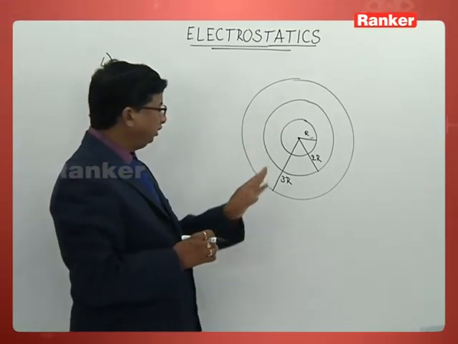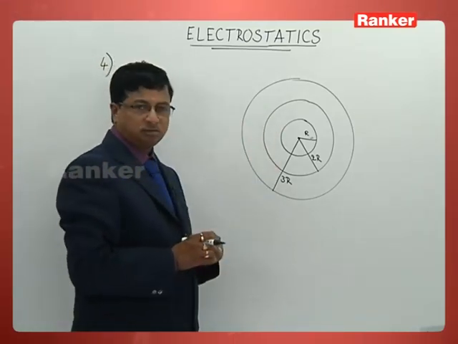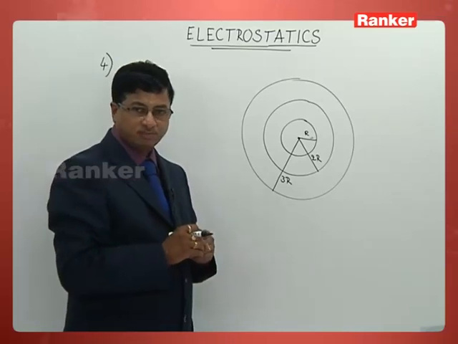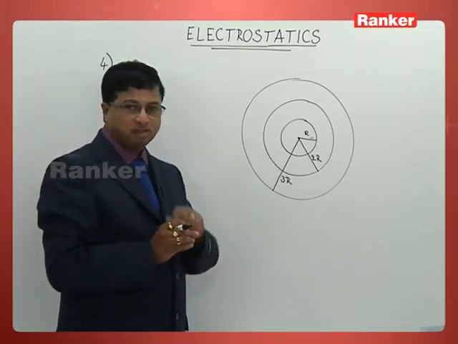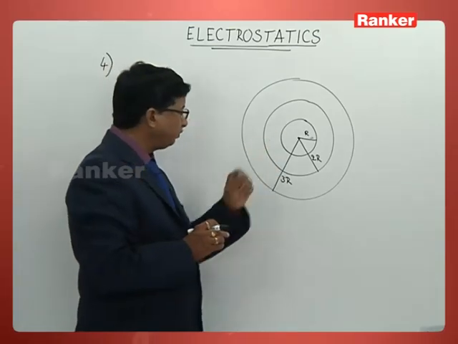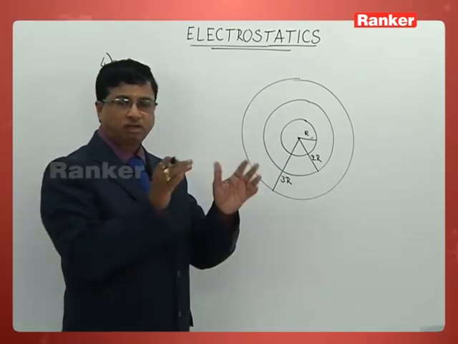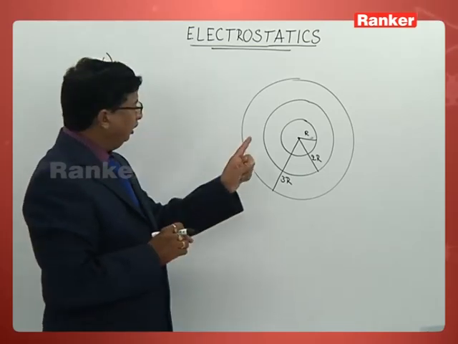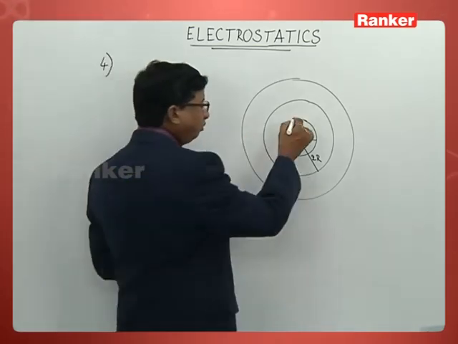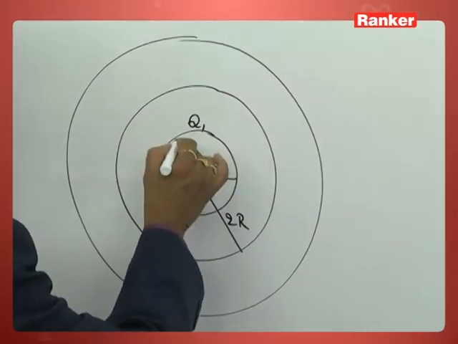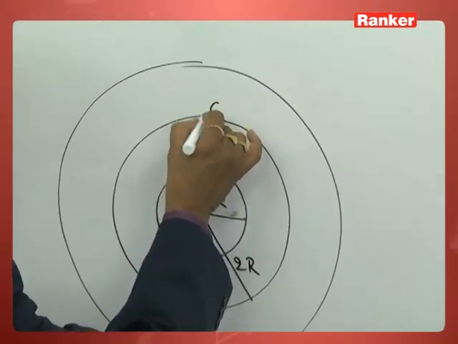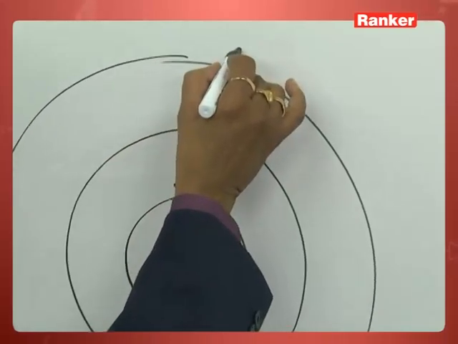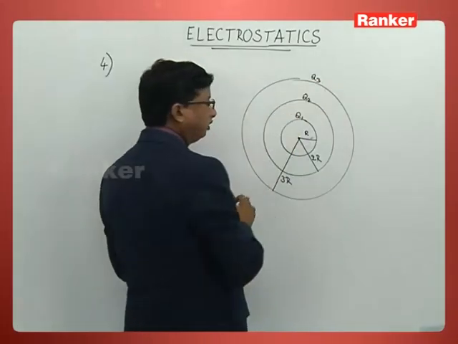So 3 different spherical shells, one inside the other, having a common center. Charge given to the first one is Q1, for the second one Q2, and for the third one Q3.